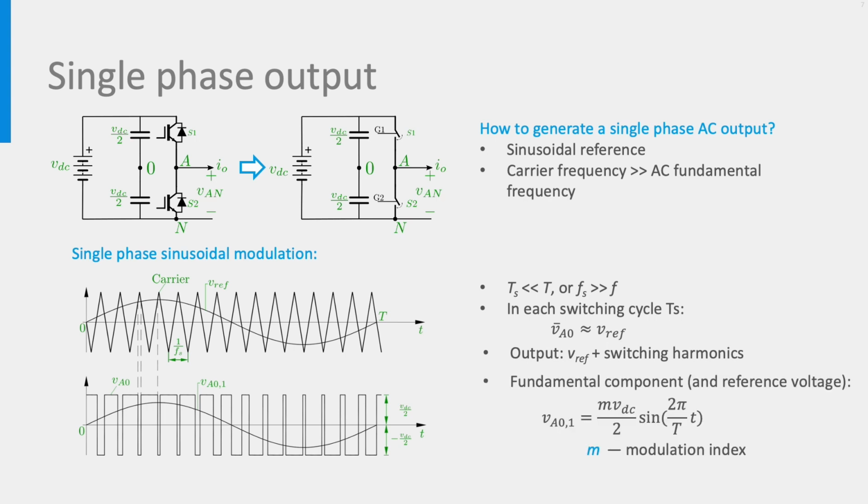The fundamental component of the output voltage can be calculated by modulation index M times VDC divided by 2 times sine of 2 pi t divided by AC voltage period T. The modulation index is a quantity to present how large the reference is compared to the available DC bus voltage.